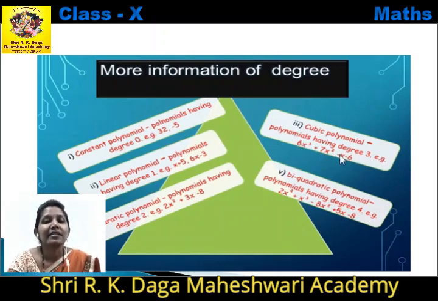In this case you can see the highest power of x is 3. So its degree is 3. So it is called cubic polynomial. Biquadratic polynomial. Polynomials having degree 4 is called biquadratic polynomial. In this example the highest power of variable x is 4. So it is called biquadratic polynomial.